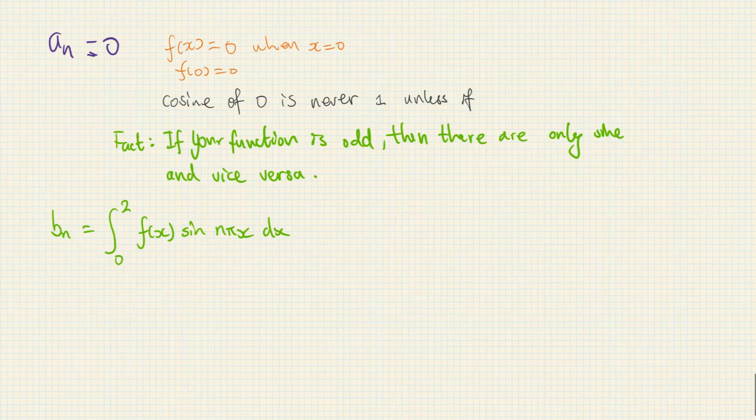So what we can do is, since f of x is piecewise, we can cut up our integral into two pieces. So one going from 0 to 1, and in that interval f of x is 1, so we are only integrating sine of n pi x dx. And then we add that to the integral from 1 to 2, and in this interval f of x is negative 1, so we just multiply it by negative 1 times sine of n pi x dx.